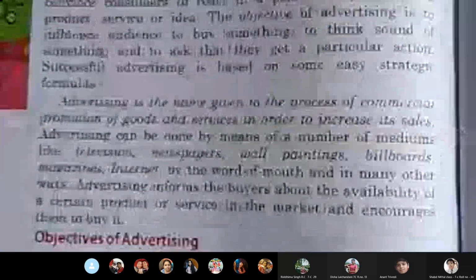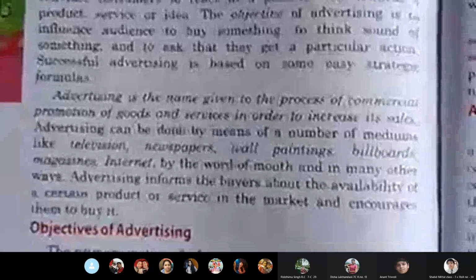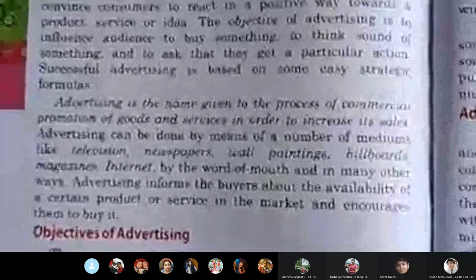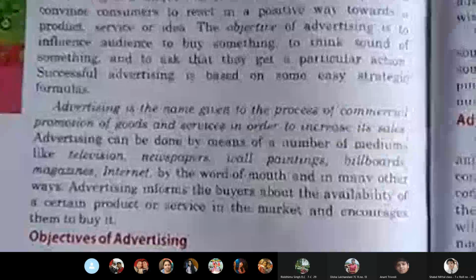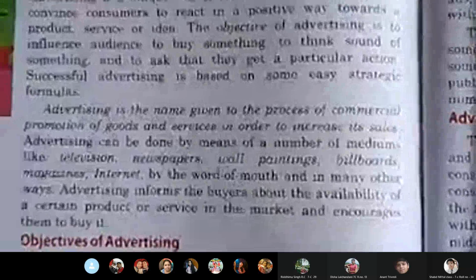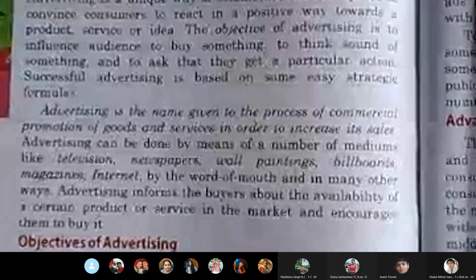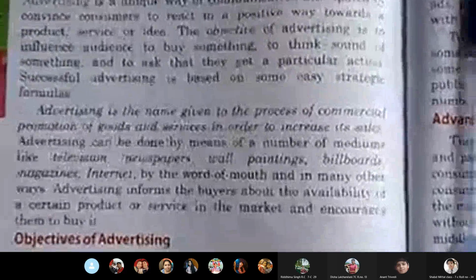Any product which is to be put on sale, which is to be sold in a large quantity and is to be made popular, we put up in service for advertising. Advertising can be done by means of a number of mediums like television, newspaper, wall paintings, billboards, magazines, internet.